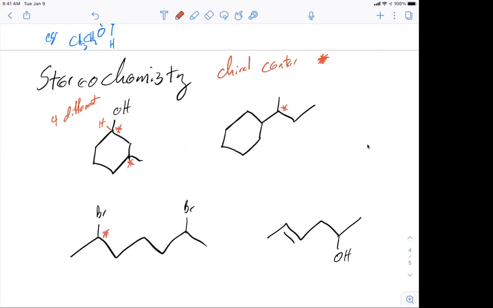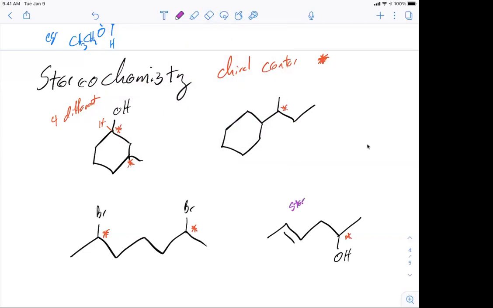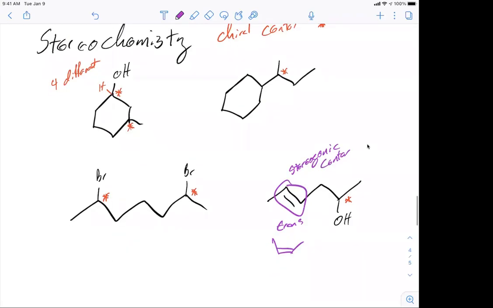Here, we have 2 chiral centers. Here we have 1 chiral center, but what about the double bond? Can that be a chiral center? No, but it can be a stereogenic center. Right, so that could either be the trans that it's shown here, or it could have been the cis.